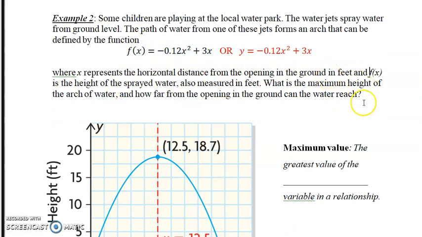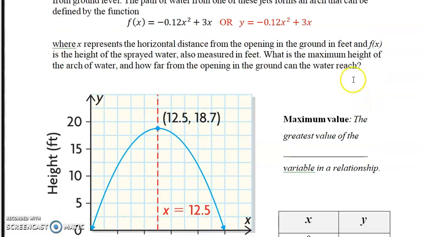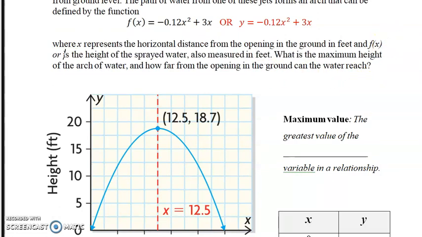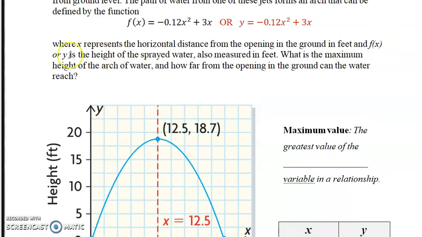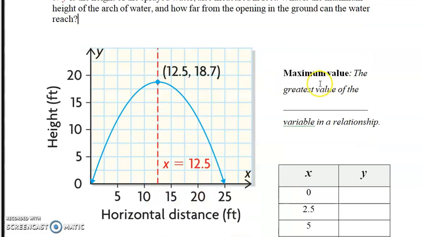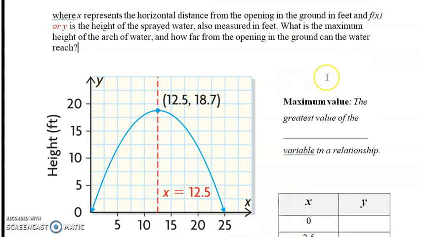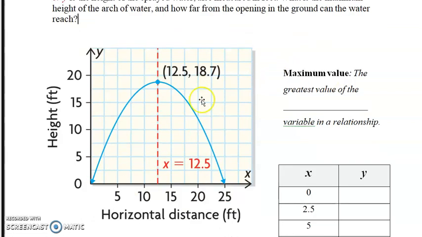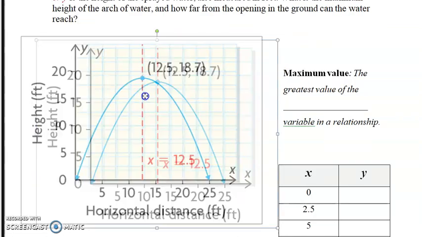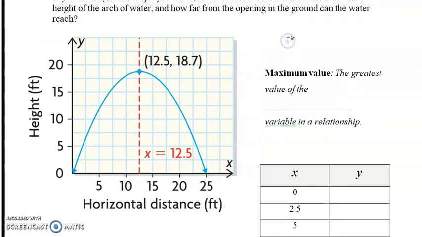X represents the horizontal distance, and y, or f of x, is the height of the sprayed water, so the vertical distance. Okay?